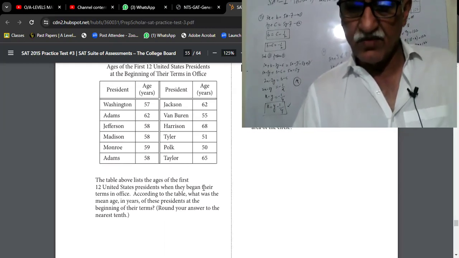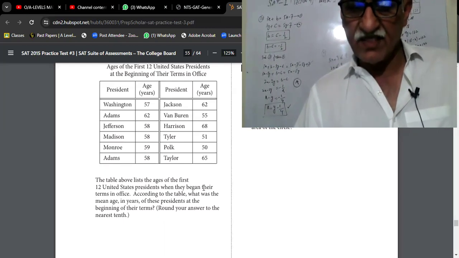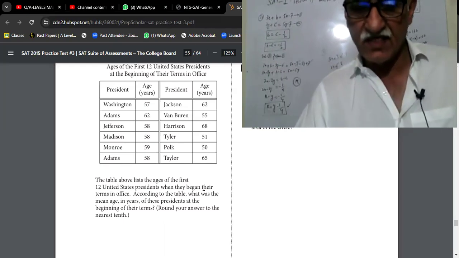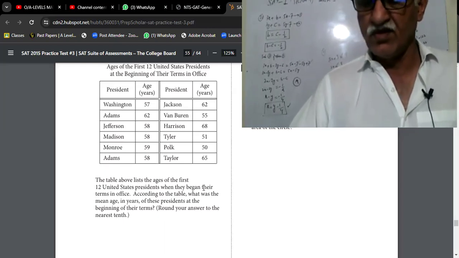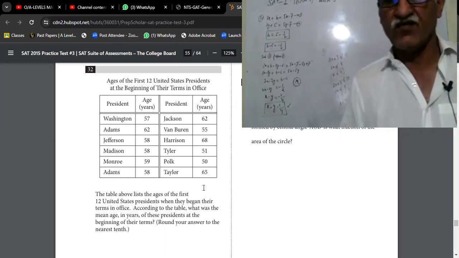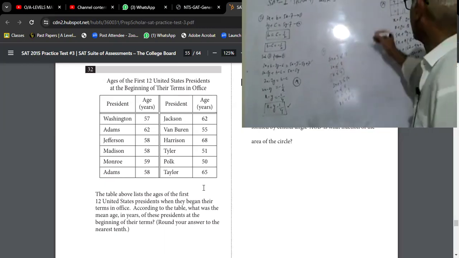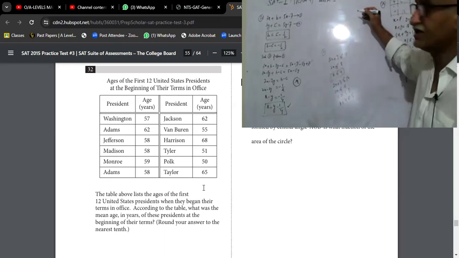According to this total, what is the mean age in years of these presidents at the beginning of their terms, rounded to the nearest year? So these are the 12 presidents and we are going to round it off. So it is question number 32.